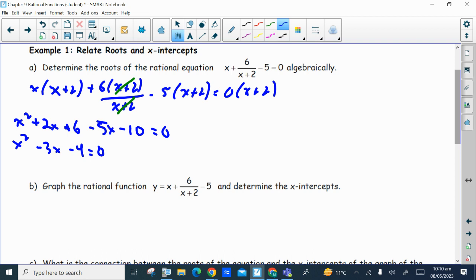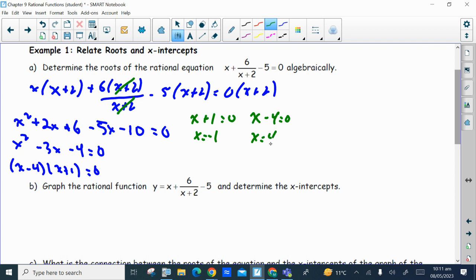We've got a quadratic. We can solve that by factoring. (x - 4)(x + 1) = 0. And your solutions will occur where each factor equals 0. So where x + 1 = 0, we get an answer of negative 1. Where x - 4 = 0, we get an answer of positive 4.